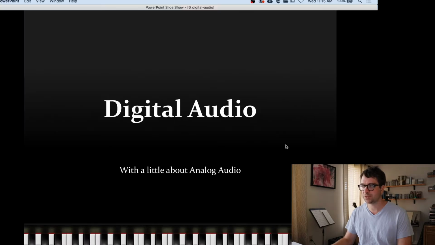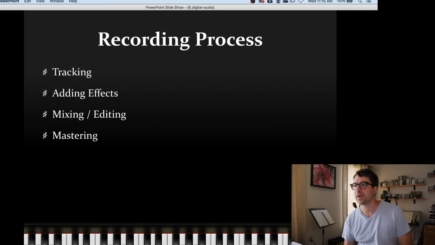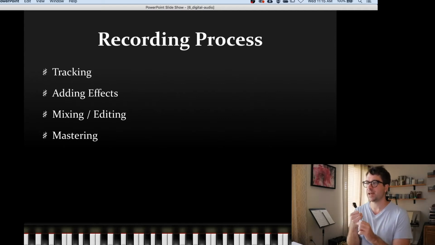First of all, just to talk about the recording process, we have four basic steps. We have tracking, which is actually setting up microphones or having some kind of input come in and recording that thing into an electromagnetic signal on tape, into digital information or whatever.